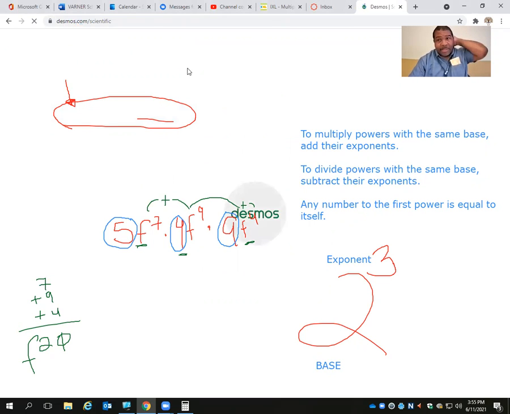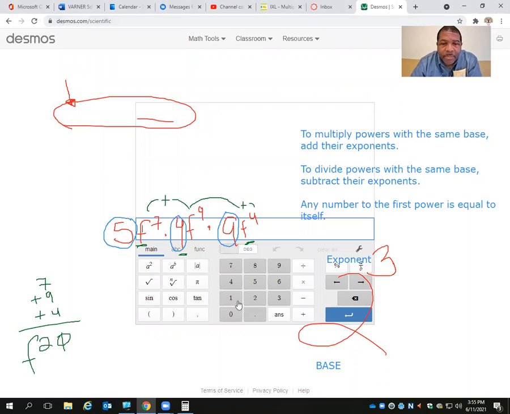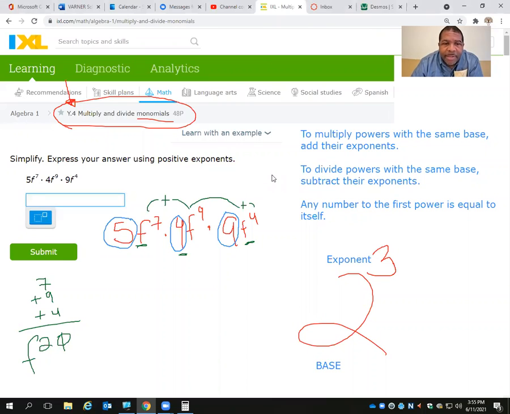So the Desmos scientific calculator pops up, and I'll do 5 times 4 times 9. And as you see here, the answer is 180. So keep your Desmos calculator handy dandy. So we know that it's going to be 180.